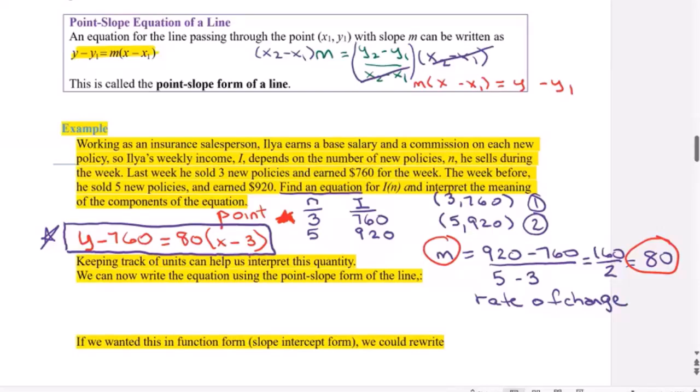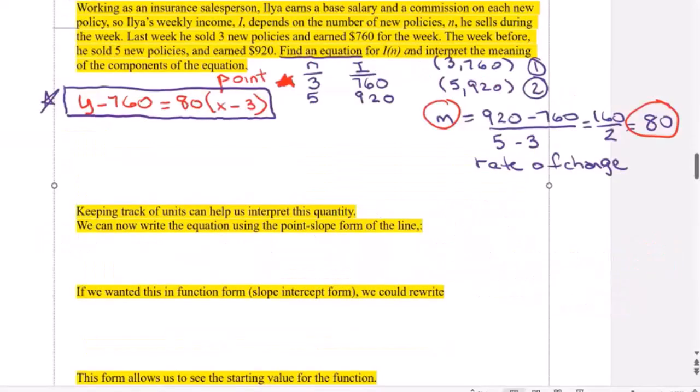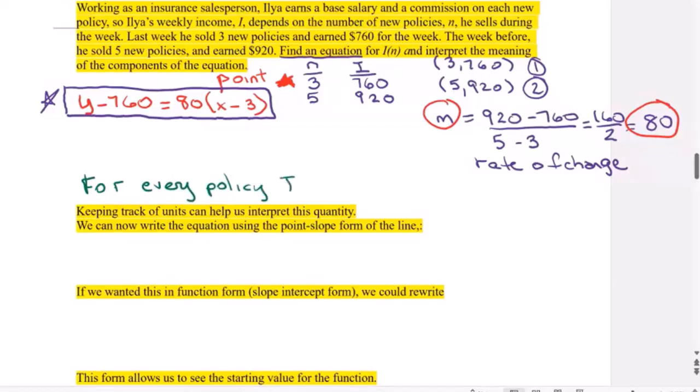For every policy that Ilya sells, so my interpretation would be, for every policy Ilya sells, he makes $80. Okay, that's basically what this says. For every policy that he sells, he makes $80.